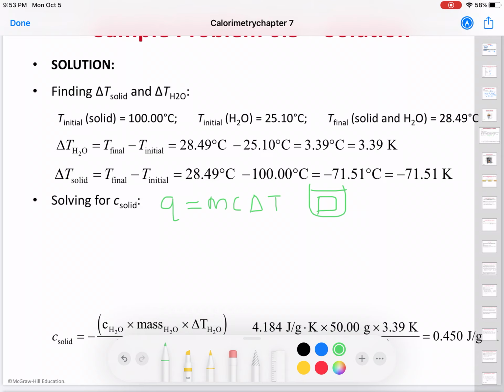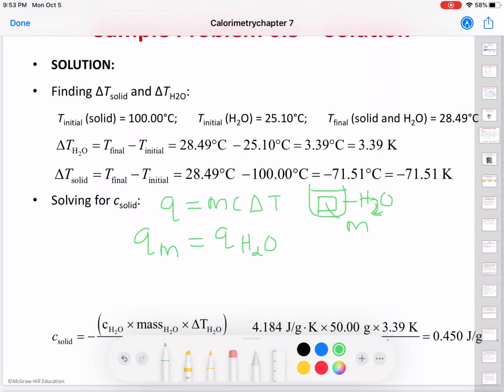So if the metal lost a certain amount of heat, who absorbed it? Water absorbed it, right? So when it reaches the highest temperature, at that time the heat lost by the metal equals the heat absorbed by the water. Q metal equals Q water.